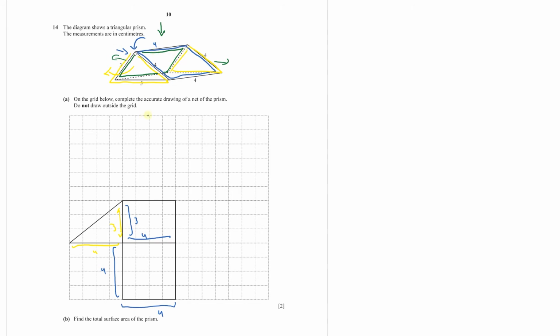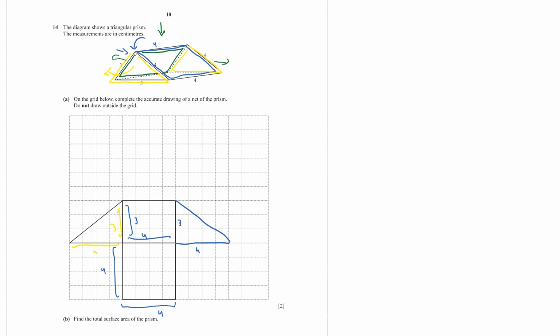This triangle will be represented in a similar fashion. You will have 4 in this direction, then you connect this here, and you will have 3 centimeters in this length here, and this will be your length 4 centimeters.